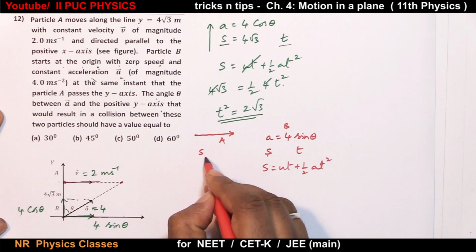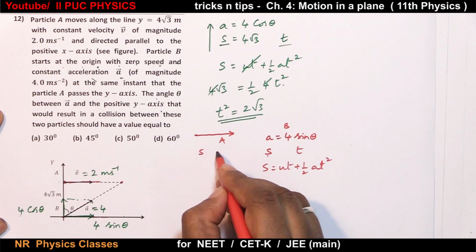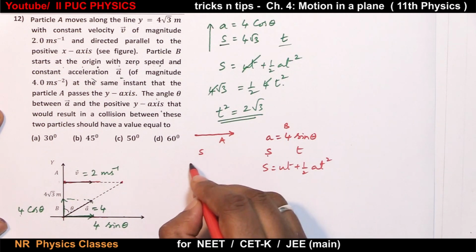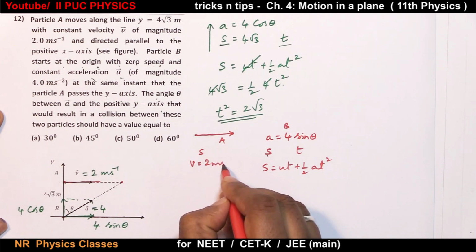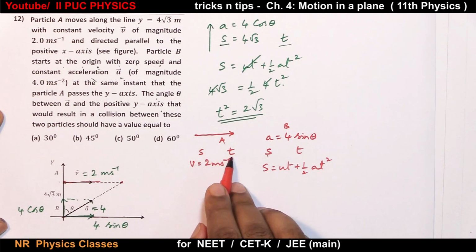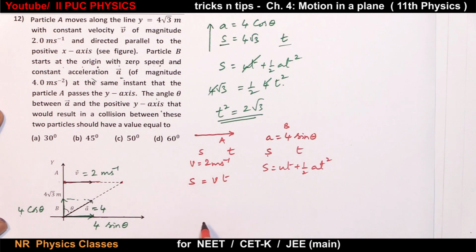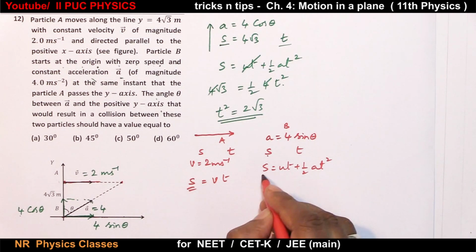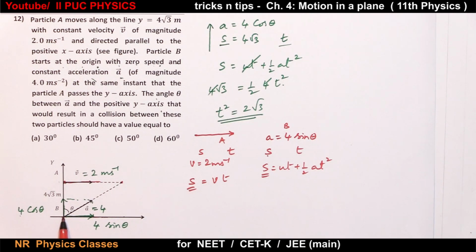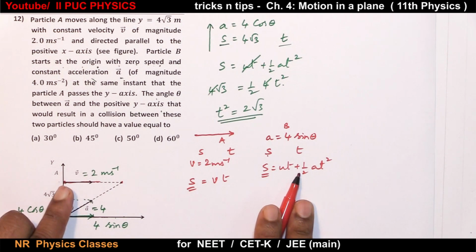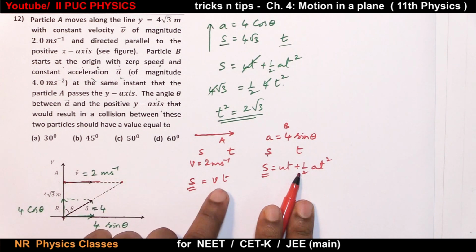So s is the same displacement with velocity 2 meter per second in the same interval of time t. With uniform velocity, s equal to vt. So this s equals this s. Distance traveled by B under accelerated motion is the same as distance traveled by A under uniform velocity.